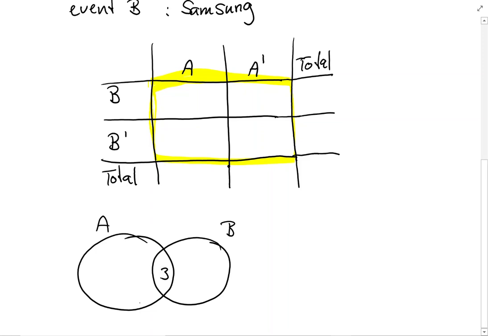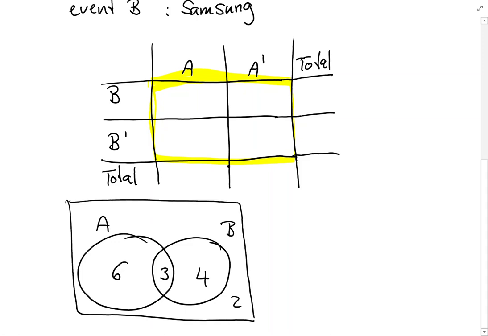So there are 3 people that have both. 6 people that have an iPhone only, so that means there's a total, remember, of 6 plus 3 people that do have an iPhone, so that's 9 people. And I'm having 4 people here in the circle for B. So remember, that also means that there are 4 people that have a Samsung, but there are another 3 people that have a Samsung as well as an iPhone, so there's a total of 7. And there are 2 people on the outside. Those are the people that have neither an iPhone nor Samsung, so they would have a mobile phone of another brand.